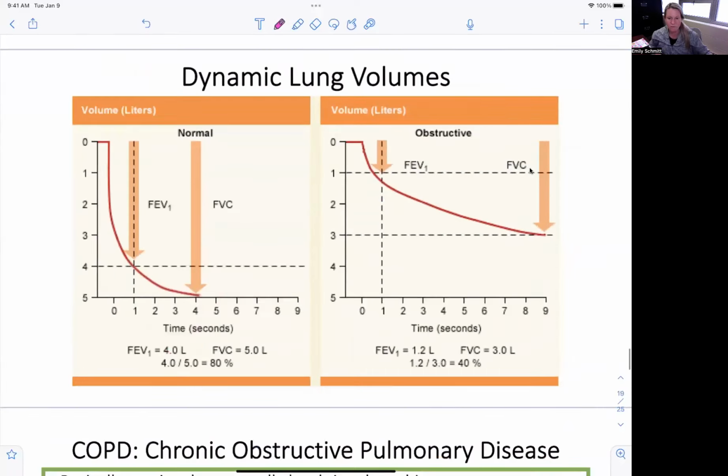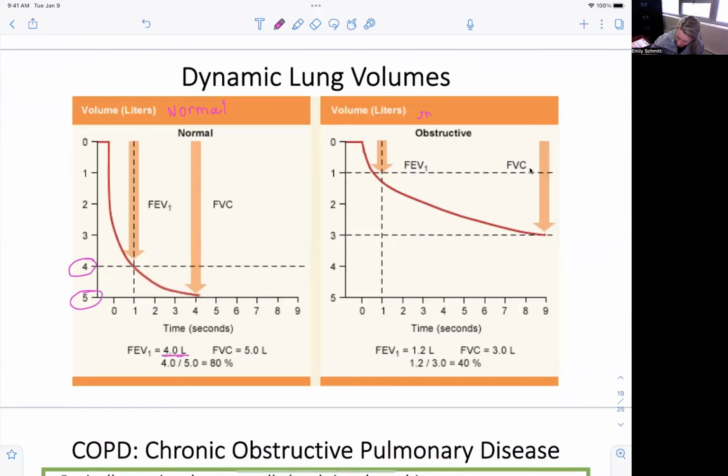So to put sort of a visual and a graph to this, here on the left, we have normal, where your FEV is right at 4 liters, and your FVC is at 5. So 4 divided by 5 is 80%.